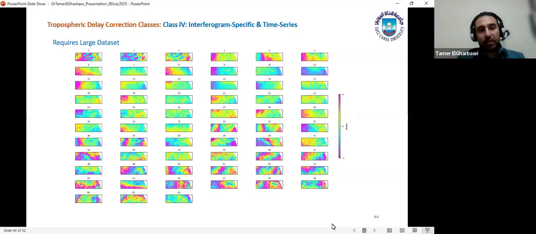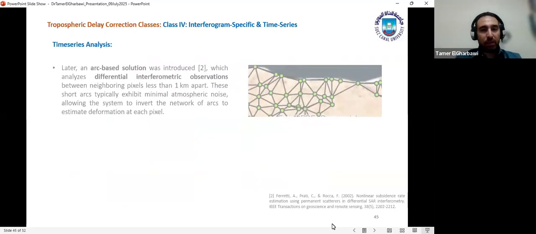The problem, as we can see, is that we are now in the age of big data, and we have large data sets. These fringes are all interferometric or atmospheric delay. It can change in pattern, direction, and amount, depending on the location and the time. So we need an accurate method in order to correct for these.